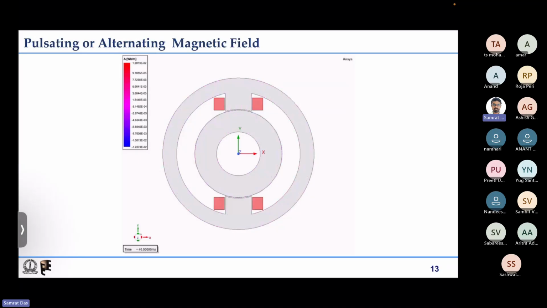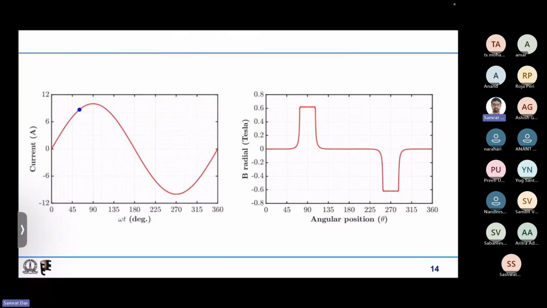So we have a pulsating or alternating magnetic field. Then we went on to see, time instant by time instant, what happens. This is another animation which shows that the flux density distribution in the air gap is pulsating with time.